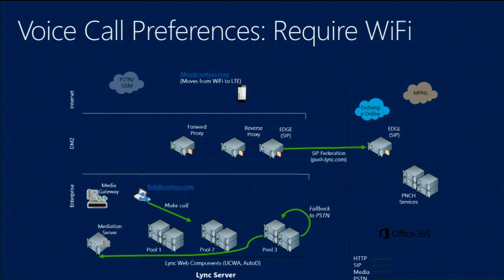We go to the mediation server, media gateway, PSTN, GSM network, and we find the mobile client. Now the beautiful thing is, because we still have this signaling channel, this HTTPS channel between the mobile client and our pool, we actually trigger the Lync app that they should be expecting a call, and you will see, even though it's a GSM call, the experience for the user will be the same, and the user will see it's a Lync call.